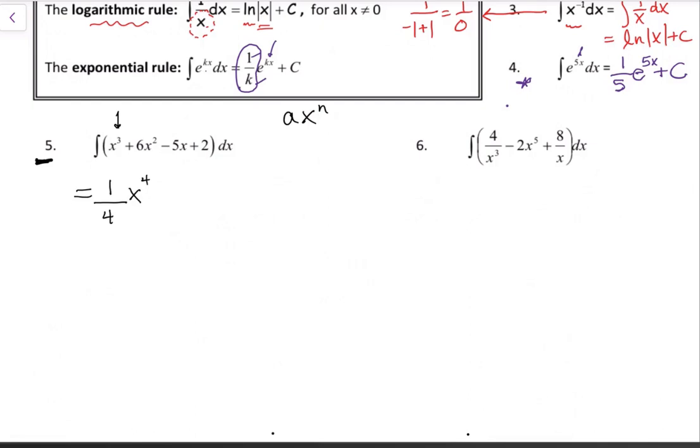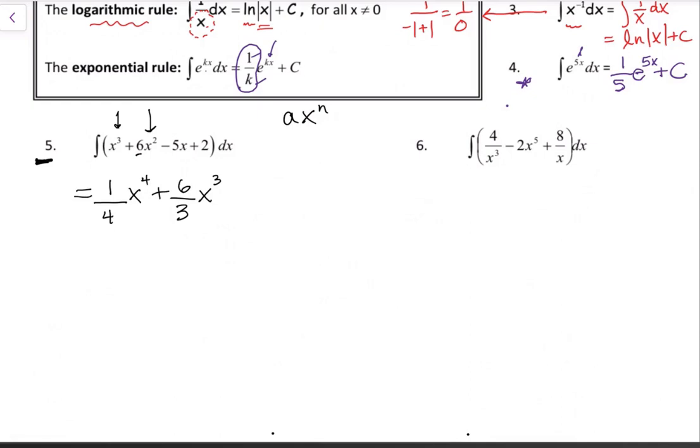Now I just move to the second term, 6x squared, and I do the same thing. This time I'm going to take the old coefficient, which is 6, divide by the exponent plus 1. And the exponent plus 1 this time is 3. And the new exponent on my x will be the old exponent plus 1.